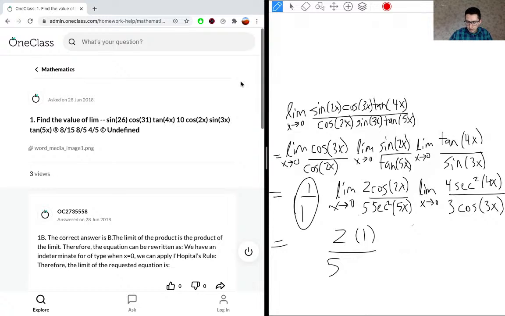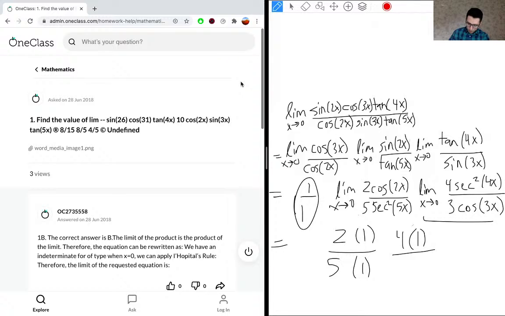We know that secant is just the reciprocal of cos, so this will also give us 1. And then this limit will give us 4 times secant squared 0, which will be equal to 1, because we know secant is just the reciprocal of cos, and they both give us a 1 when we evaluate at x equals 0.